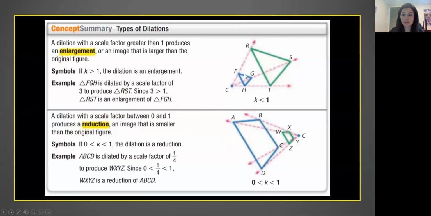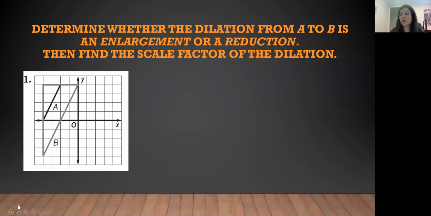You can go by the scale factor, or you can just look at it and decide that from the first figure to the second, it was bigger, so it's an enlargement. The opposite is true for a reduction. The original figure is large, and the second figure is smaller than the original, so that would be a reduction. Let's jump into some examples.